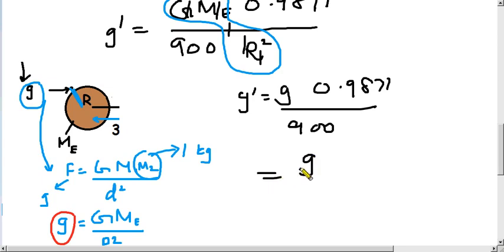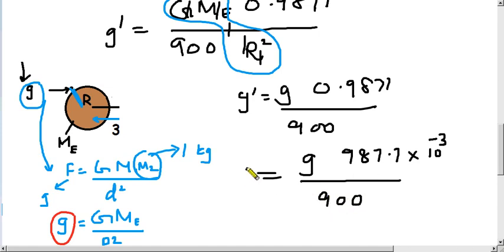So we can write 987.7 times 10 power minus 3, divided by 900. So this one is the final answer.